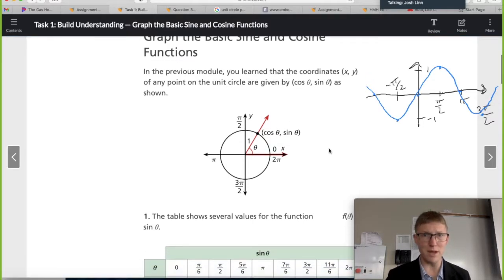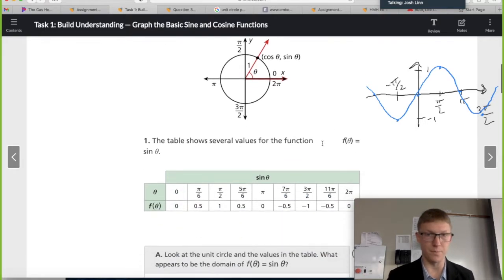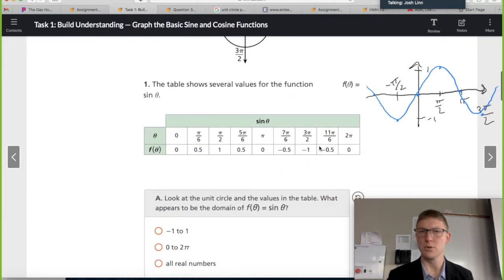This is what makes sine and cosine such a powerful function, because it can help illustrate this back and forth wave type of motion. So here's a table that you can do yourself if you so desire.